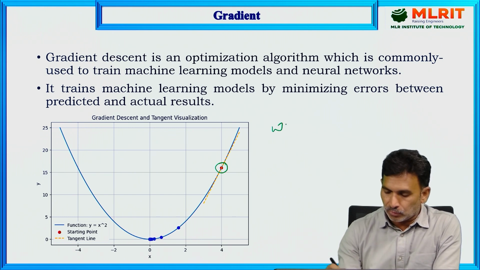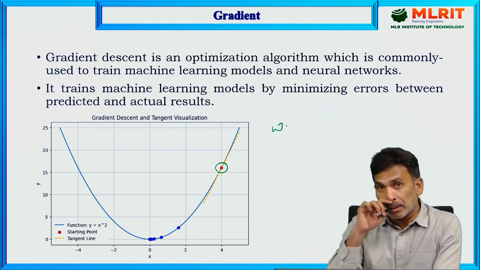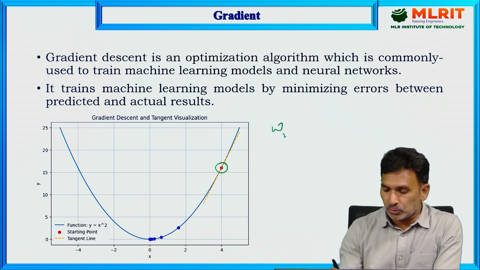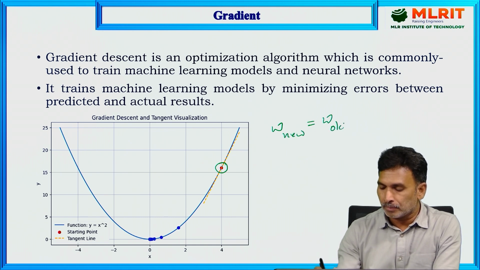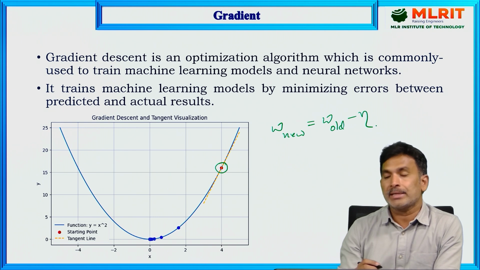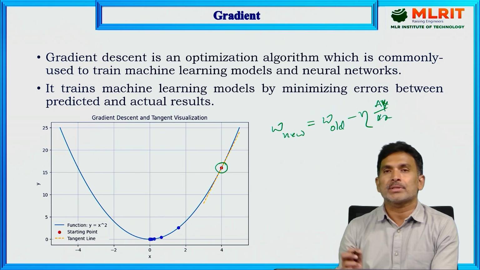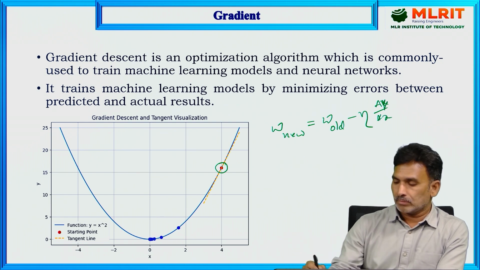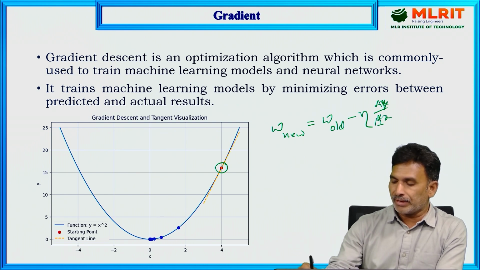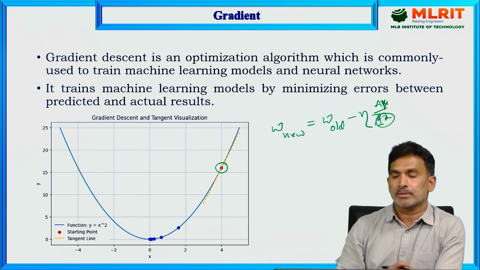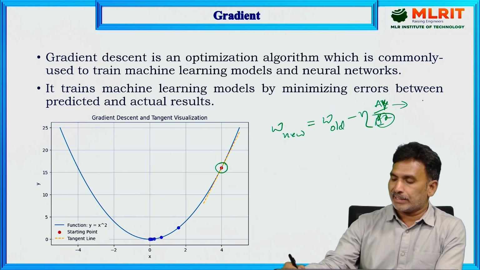Suppose you want to update the weight based on the gradient, so the new weight would be calculated as W old minus learning rate eta times delta y by delta x, the change of y with respect to x. Sorry, it should be weight here. This represents the weight and this could represent the error.